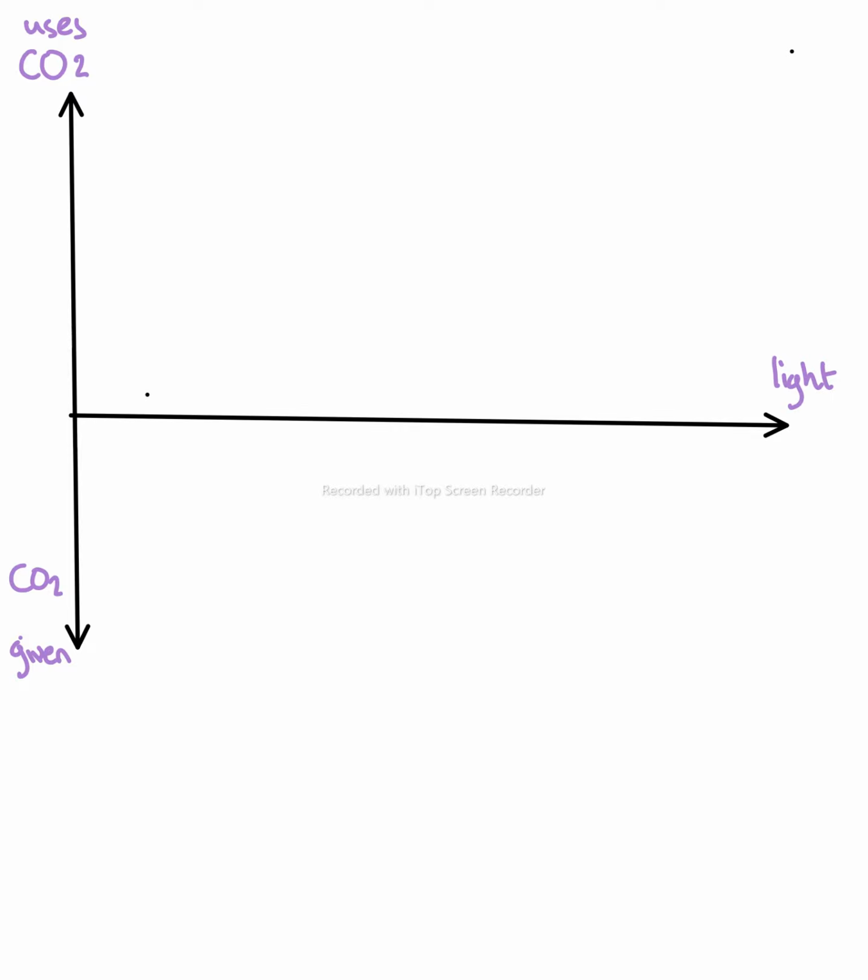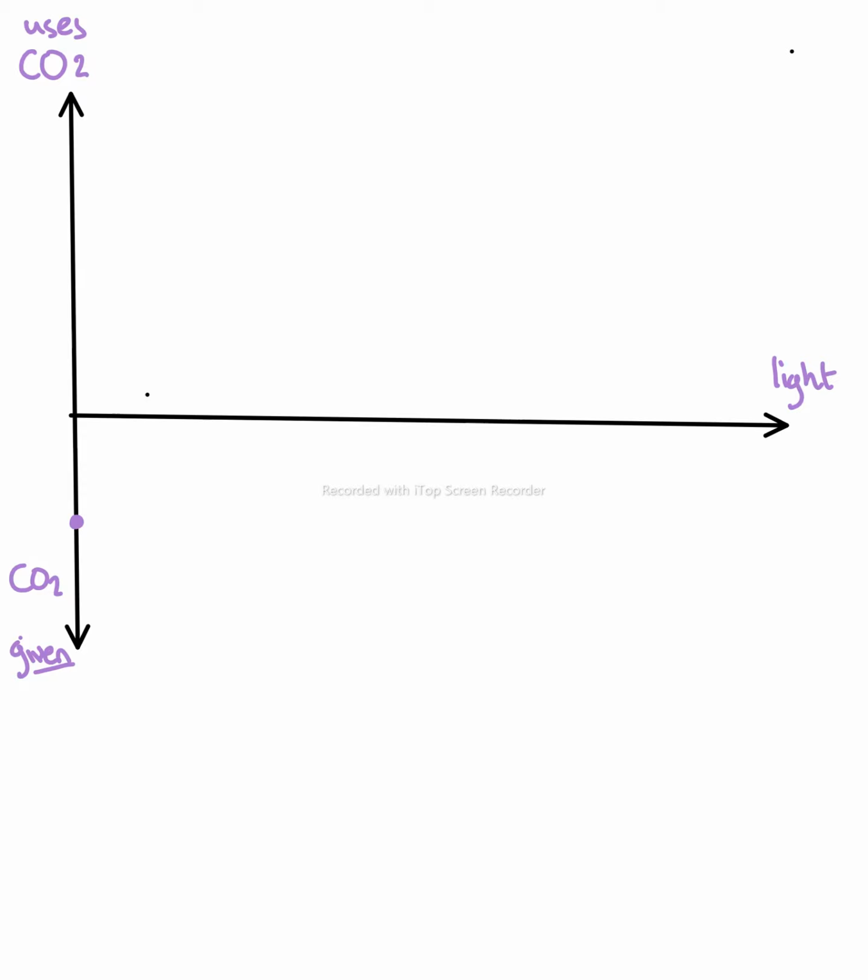So when the light level is low, there's no photosynthesis taking place. So the plant is respiring and giving out CO2. That's why it's down here, below this line.